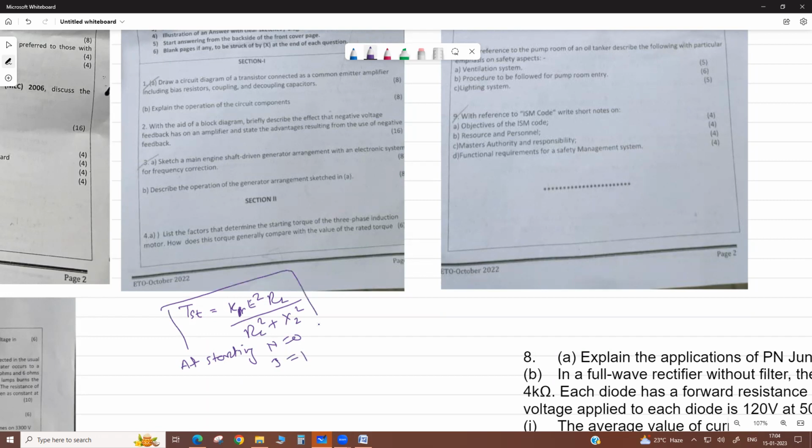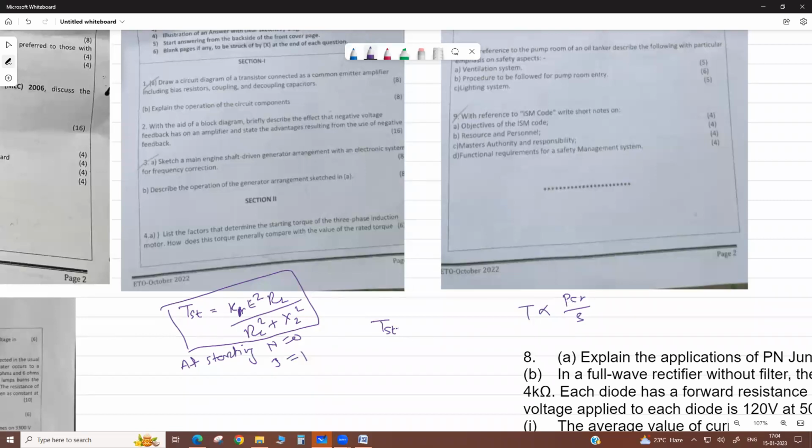Now, what does it depend on? You can write this parameter for TST. As you know, this torque is proportional to your rotor copper loss by slip, because it is P2.